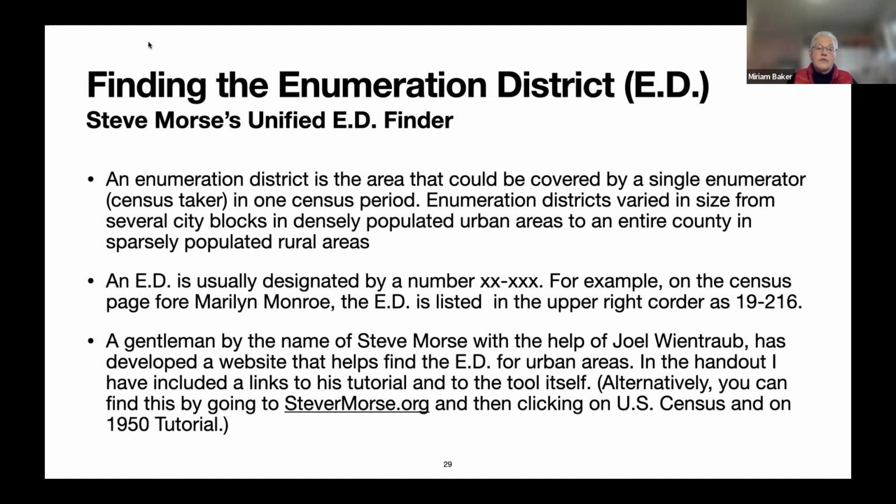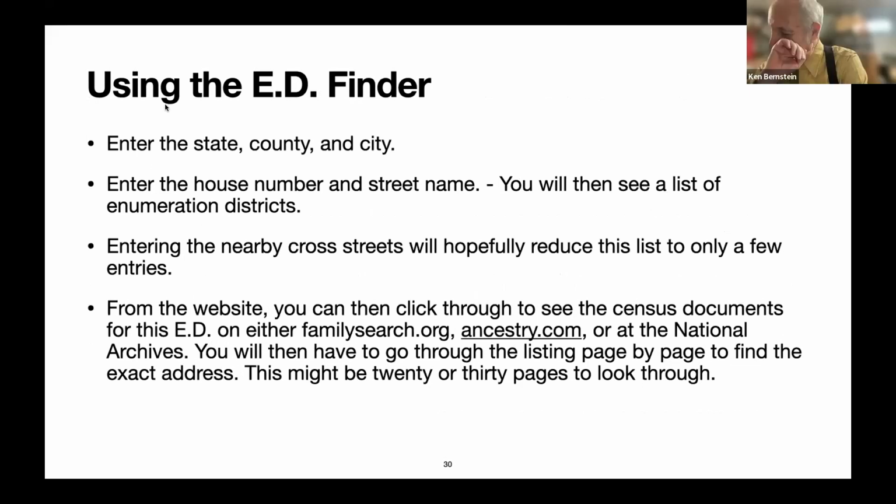And so you have to find that. So you go to Steve Morse's website, you enter the state, county, and city, you enter the house number and street name, you enter the nearby cross streets, and hopefully that will have narrowed down the list of those districts to just one or two.